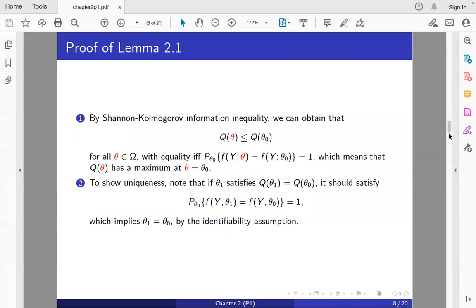Because we know that the Kullback-Leibler divergence is non-negative, that means Q zeta has a maximum at zeta 0 for all zeta, with equality if and only if zeta equals zeta 0.